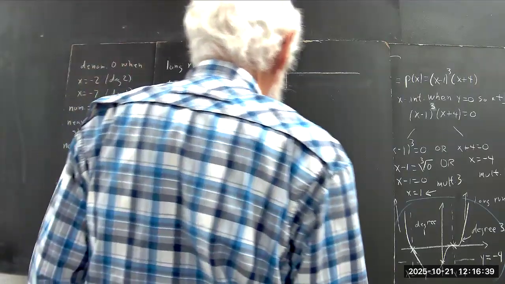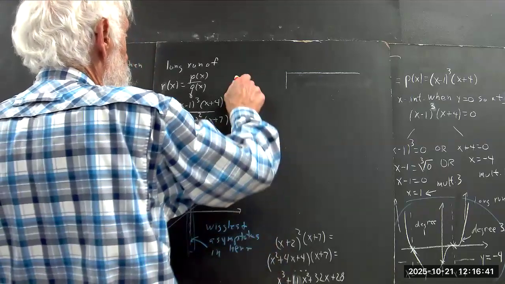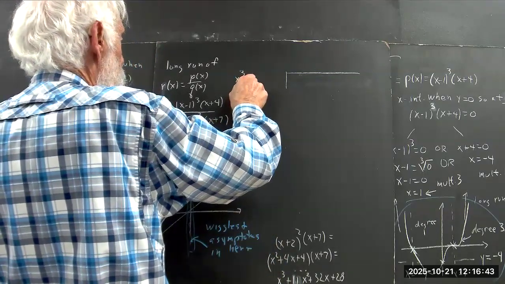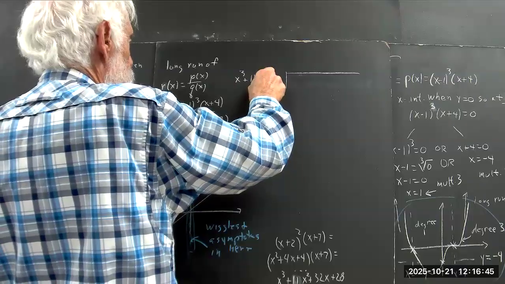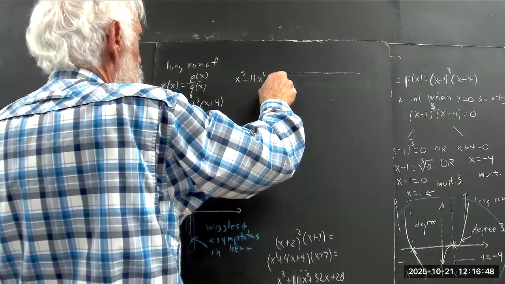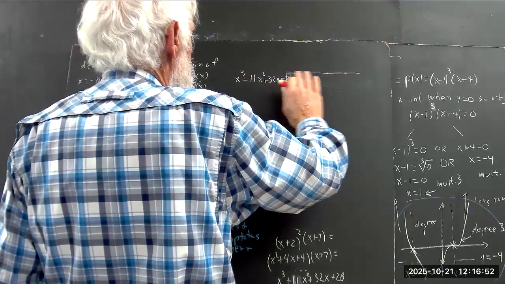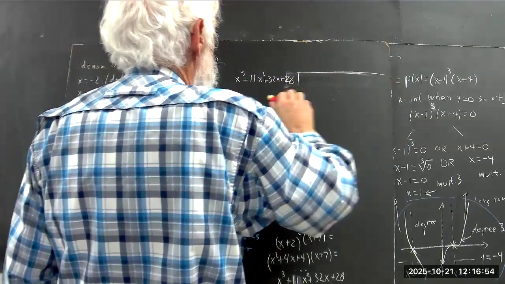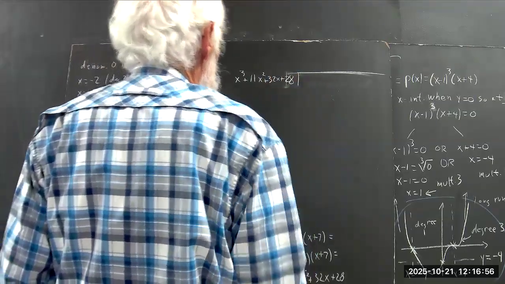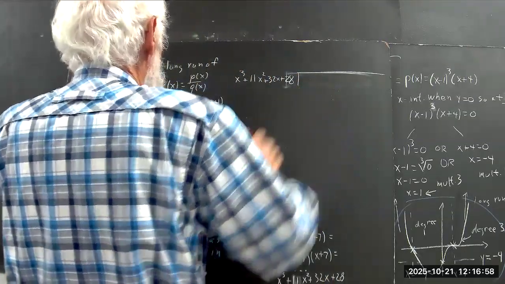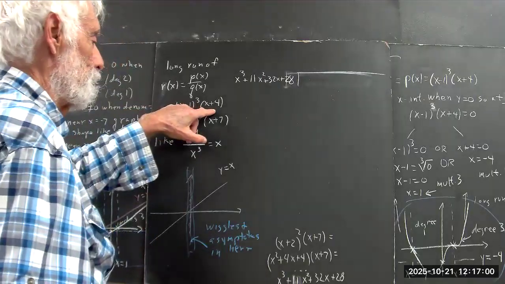Yeah, it is. Okay. This is your denominator. So you're going to divide x cubed plus 11x squared plus 32x plus 28. Doggone, I didn't leave myself enough room again. Okay, well, it's a little sloppy, but there it is. That has to divide into what we get if we expand this.